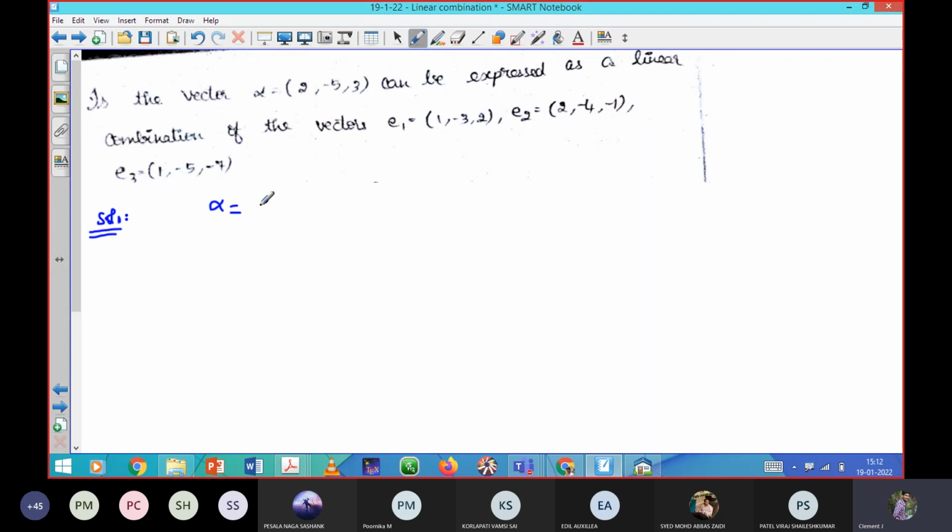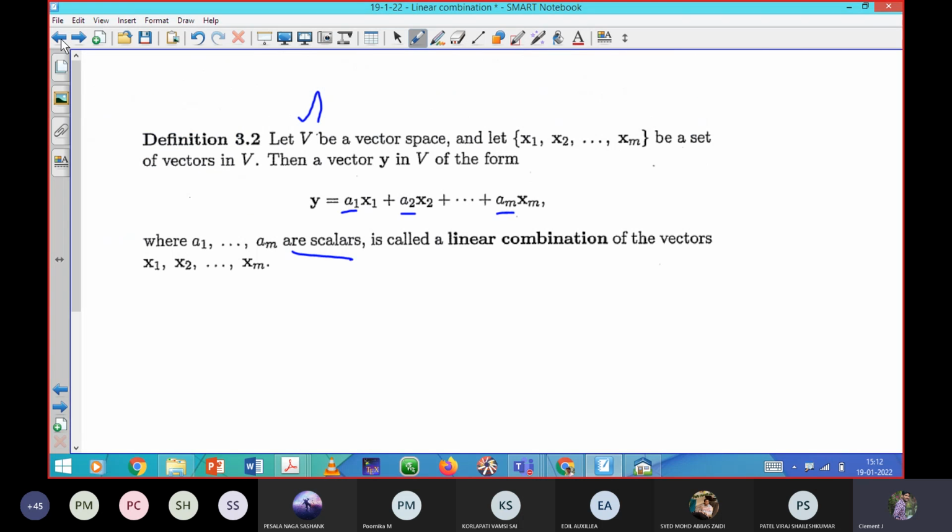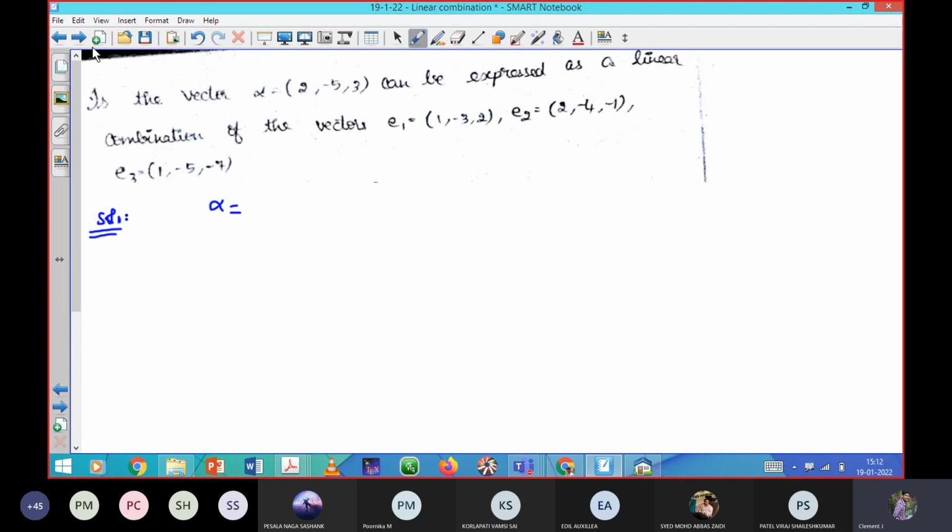In the definition they used a1, a2, a3 up to am, and x1 can be the vectors, so instead of x1 they used e1 here. Without any confusion, better you use a e1 plus b e2 plus c e3. The question that arises is, will it be true or not? If it is true, we need to find the values of a, b, c separately. Please listen, we have to determine the values of a, b, c.